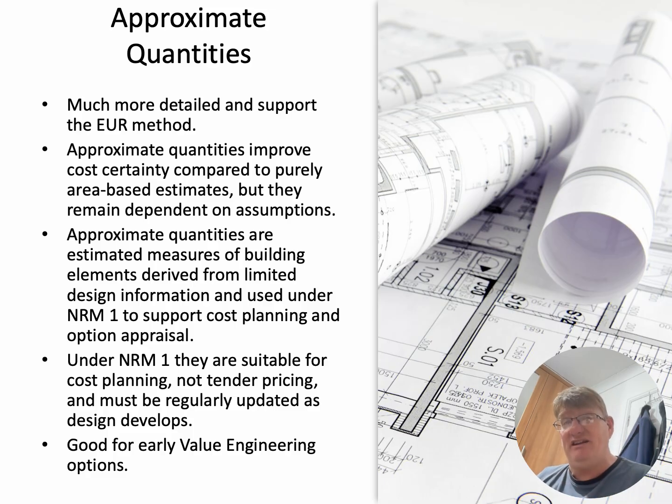If you go to the back of NRM1, you'll see a similar takeoff method to NRM2. It's just not so detailed, but it's very, very similar in how you would carry out your takeoff. So you'd actually do a takeoff, but it wouldn't be as detailed. You wouldn't need to be as accurate because it's about producing approximate quantities.